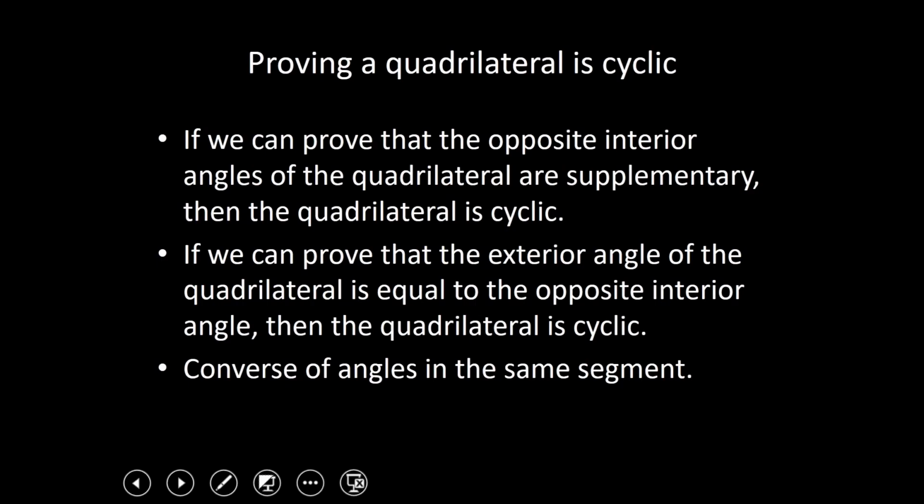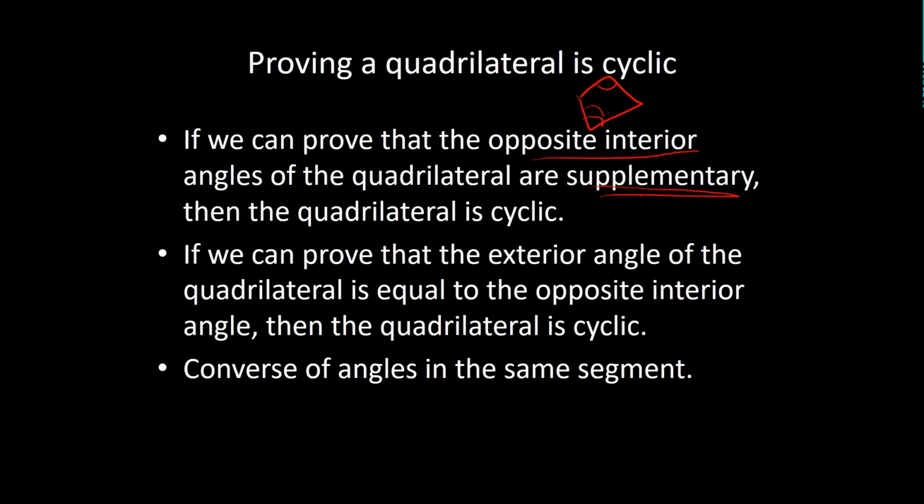We can either prove that the opposite interior angles are supplementary. Therefore, if we can prove that there's a quadrilateral and the opposite angles here are supplementary, that means they add up to 180 degrees, then that quadrilateral will be cyclic.